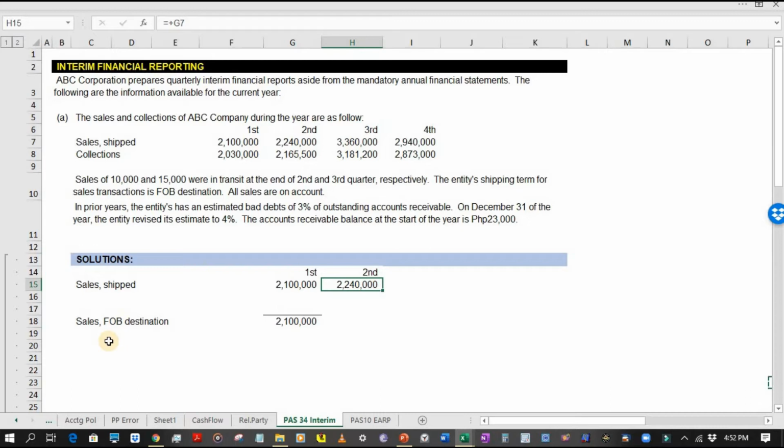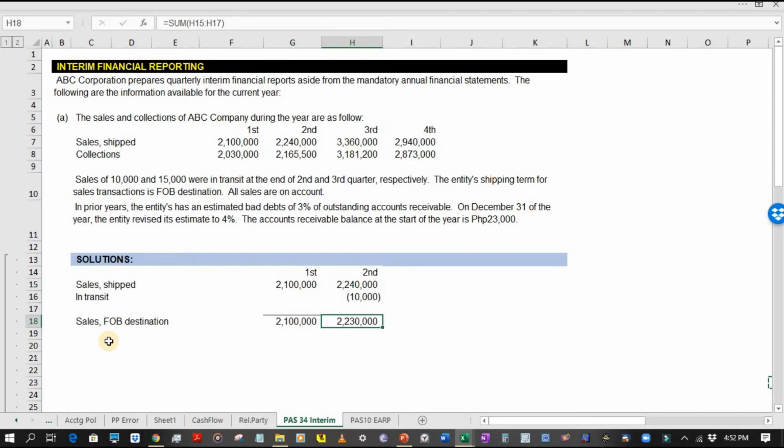So we assume that it will be received by the buyer in the third quarter. Following the rule on FOB destination, the 10,000 pesos will not be recognized as sales during the second quarter. It should be deducted from the 2.24 million so that we can get the sales applicable for FOB destination, which is 2.23 million. So out of 2.24 million, only 2.23 million sales were already received by the buyer during the second quarter.